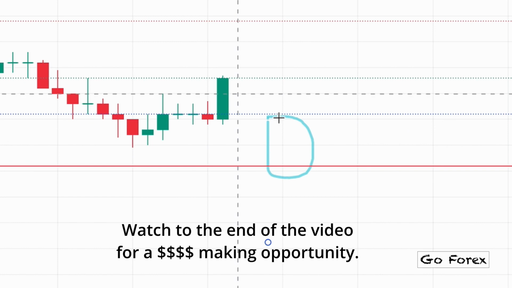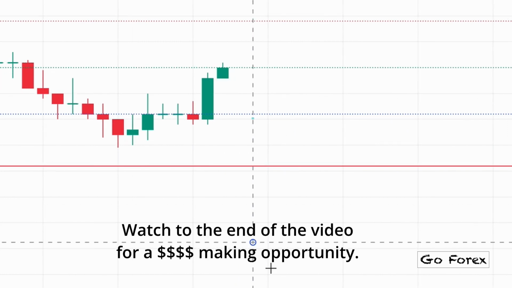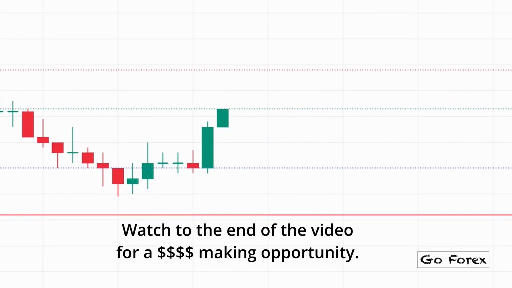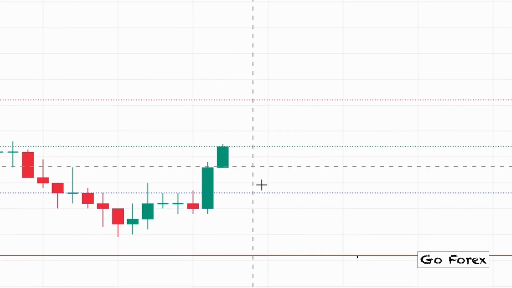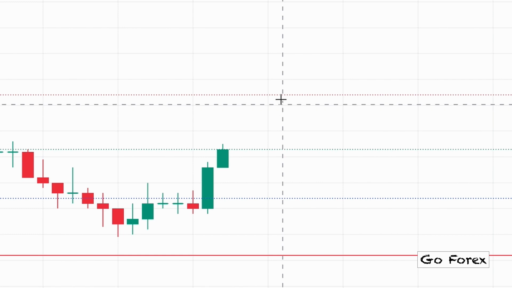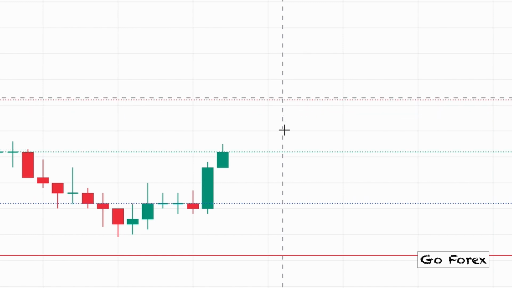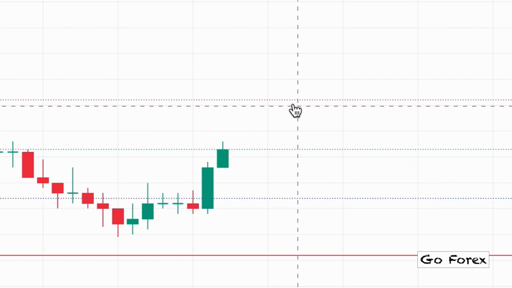So the opposite occurs. Okay, I'll tell you that right now. The opposite occurs if I was doing a buy. If I was buying the euro, okay, I would buy at the ask price, and I would not get my money until the bid price crossed that ask price that I bought the euro at.